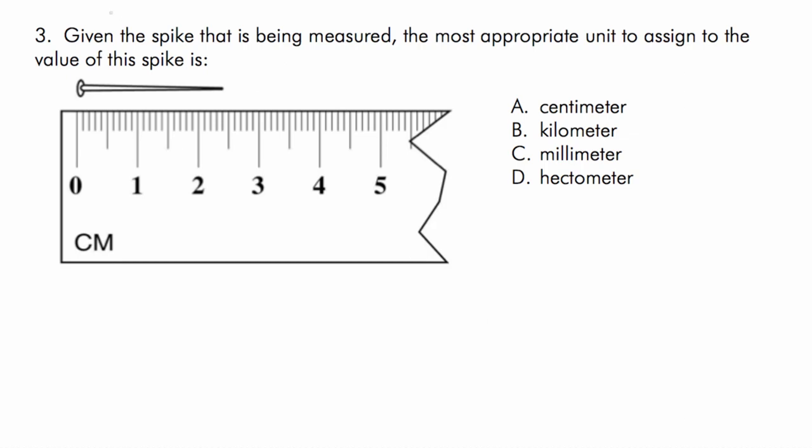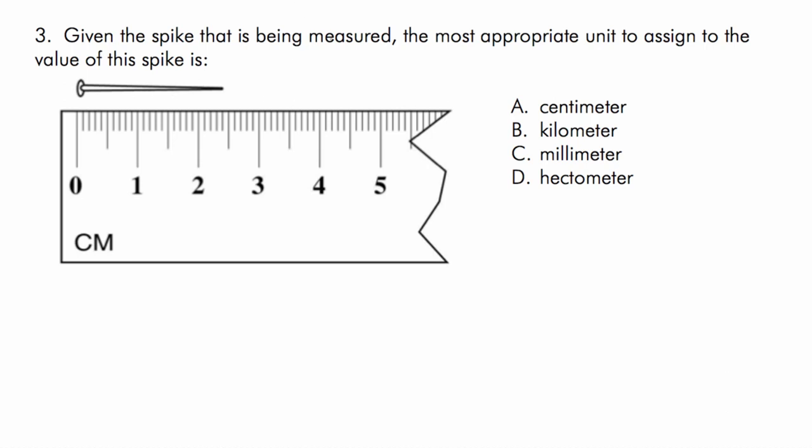Question number 3 says, given the spike that is being measured, must be talking about this thing, wouldn't want to step on that, the most appropriate unit to assign the value of this spike is. Okay, so what this question looks like it's asking is use the information given. So what are the limitations of the measurement device, and how big is this measurement device telling me the object is?